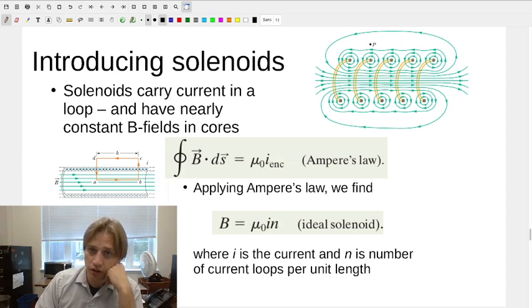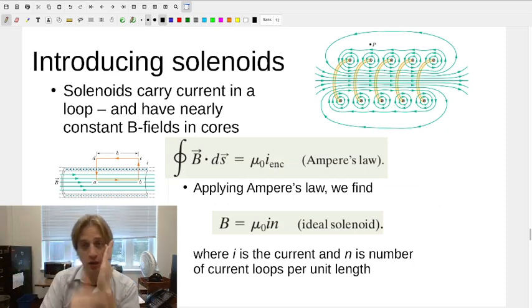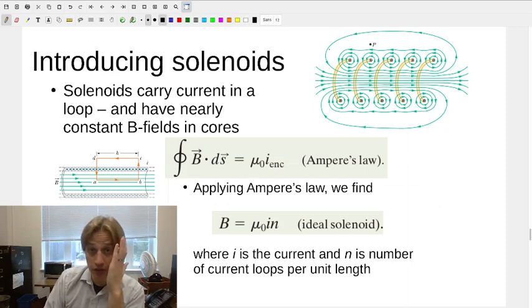A solenoid is basically, look at this. What would happen if you took a bunch of loops and then you smushed them up against each other? Well, the magnetic field vectors add linearly.